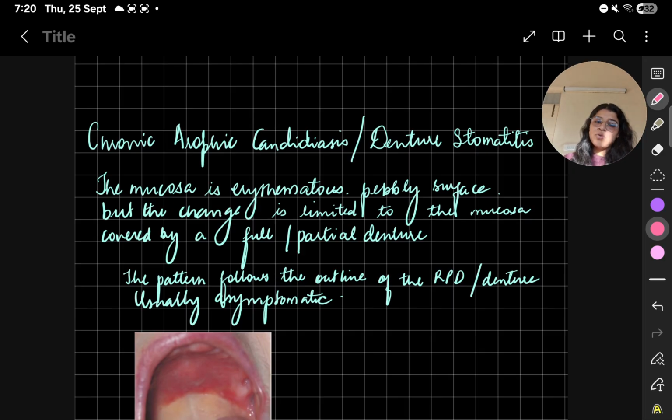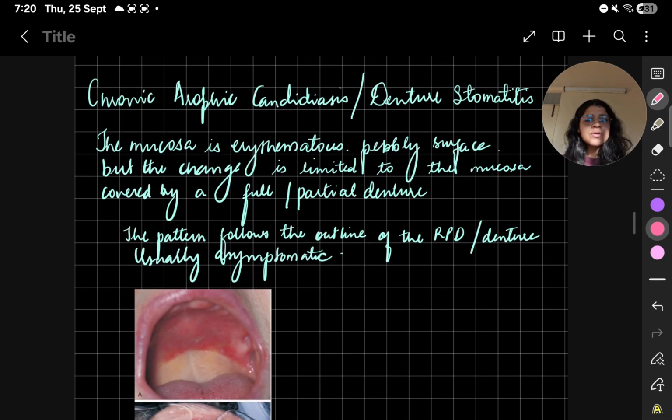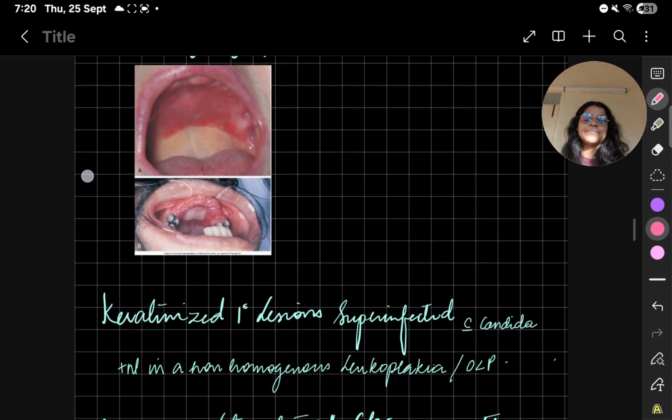The pattern follows the outline of the RPD denture, and it is mostly asymptomatic. So the patient won't come to you with anything. The patient will just say that it's red all over, which is due to the atrophic epithelium. Beneath there is connective tissue and blood vessels, which are exposed. Therefore, you get this redness.